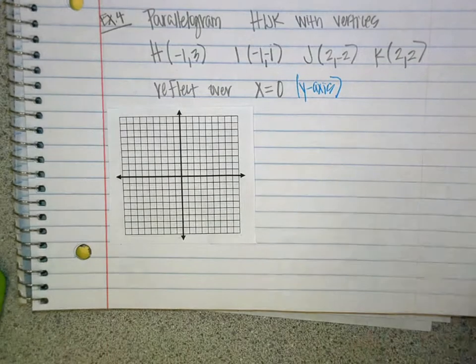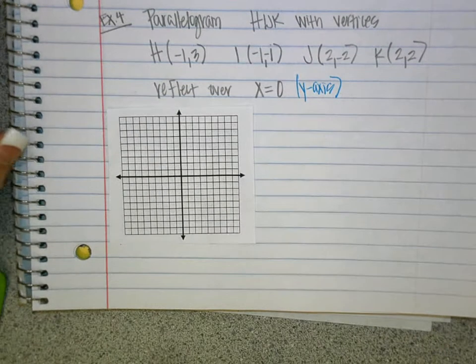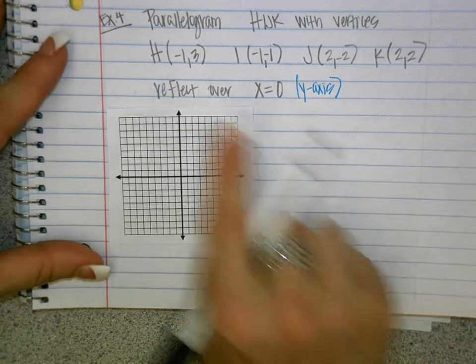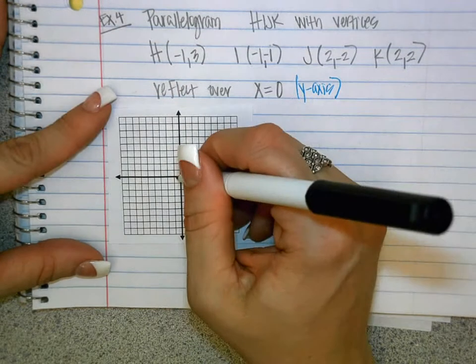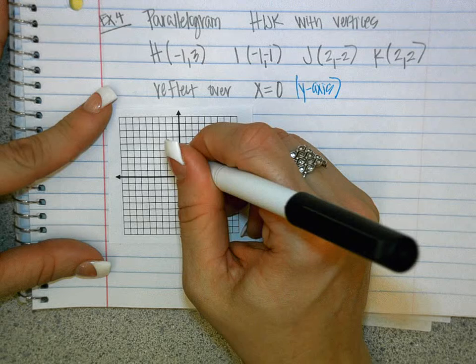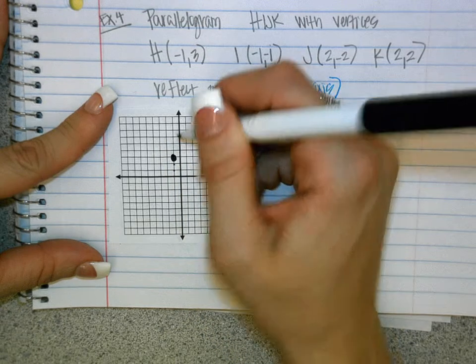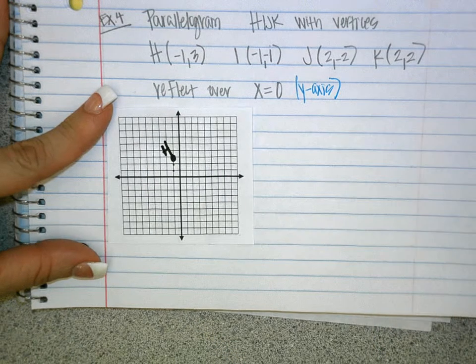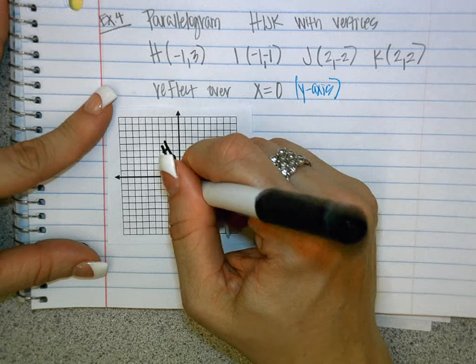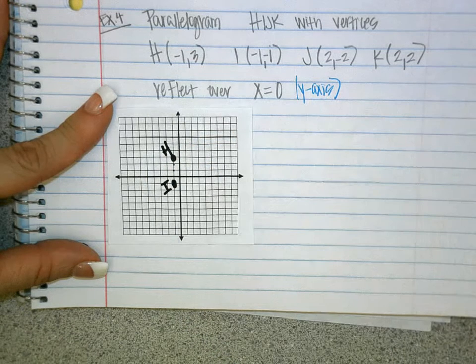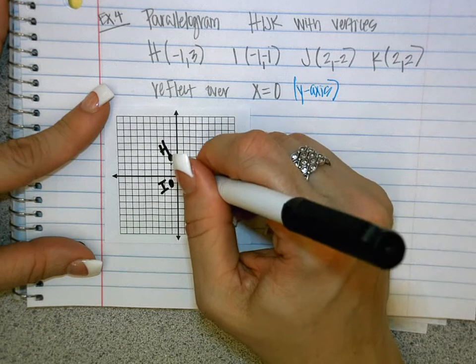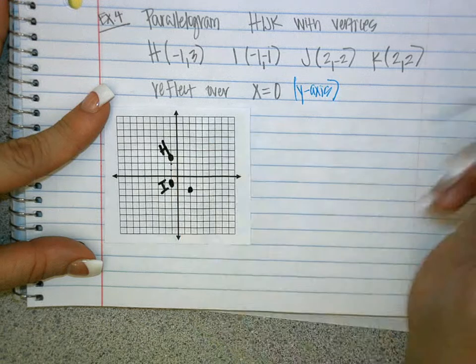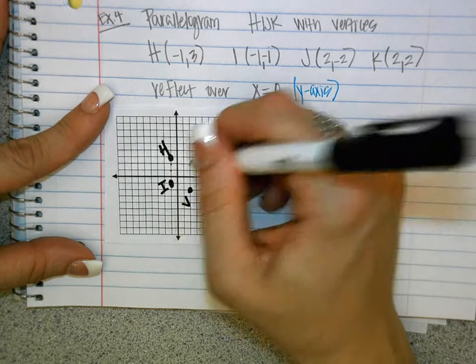Okay, so parallelogram. Label these. H is at -1 up 3. I is at -1, -1. J is over 2, down 2. And K is over 2, up 2.